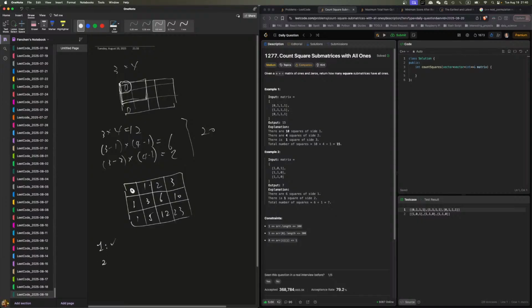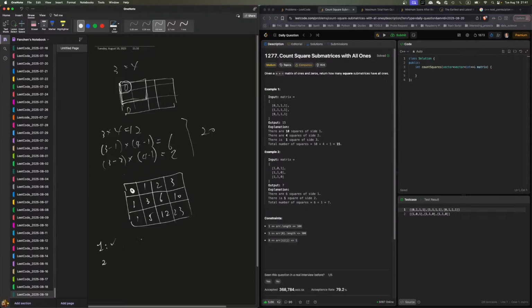Size 2, I need to find the sum of this. How do I find this? The sum of this is the sum of this 6, the entire thing, minus this, and plus this.